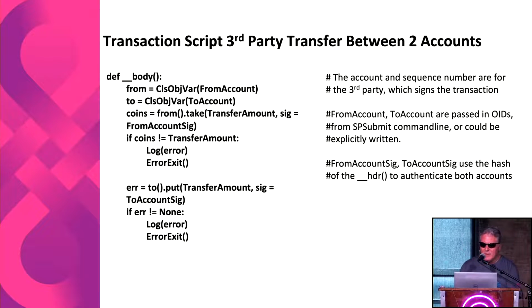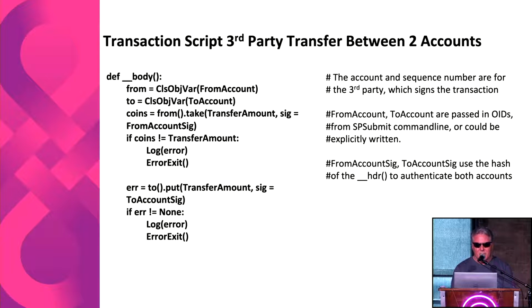And then I'm doing the same thing as I was before. I'm taking coins from one account and putting them in the other, but in this case, I'm adding in the signature, and that's literally just a keyword field in the method to call, in this case, take, and I'm saying the amount I want to take, the number, the amount that it is, and the signature to prove that I can take it from it.